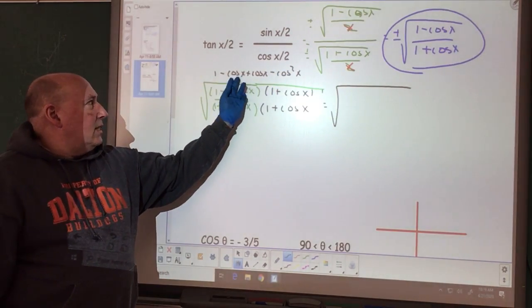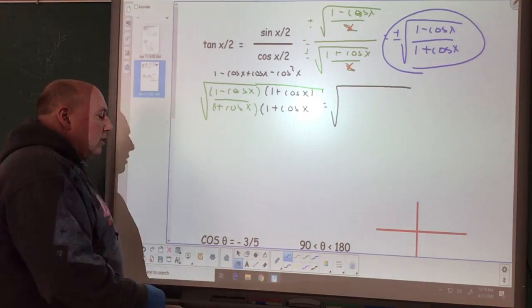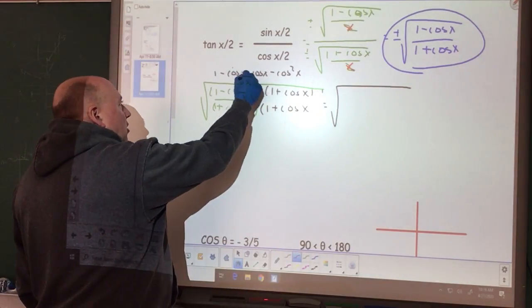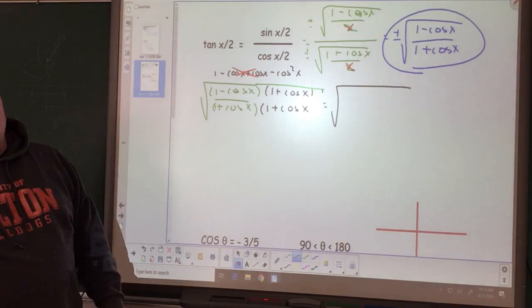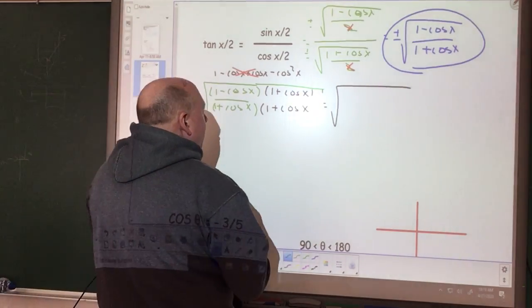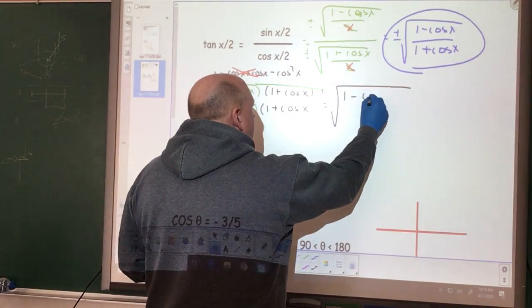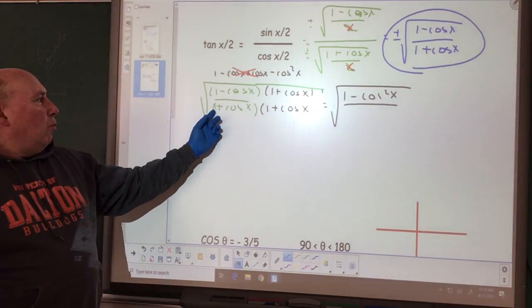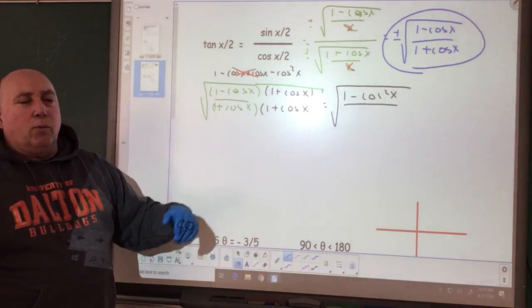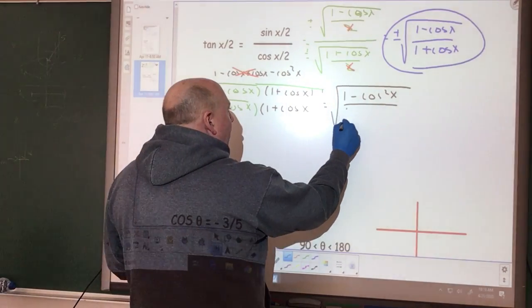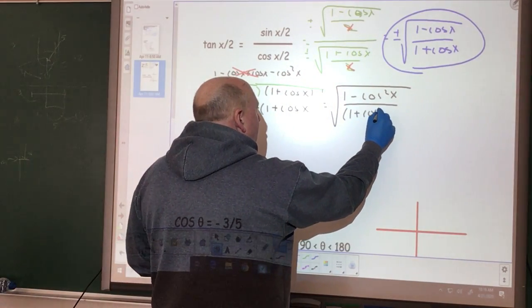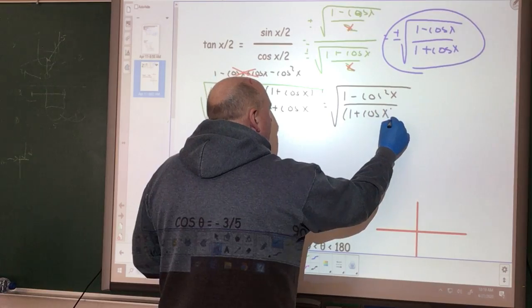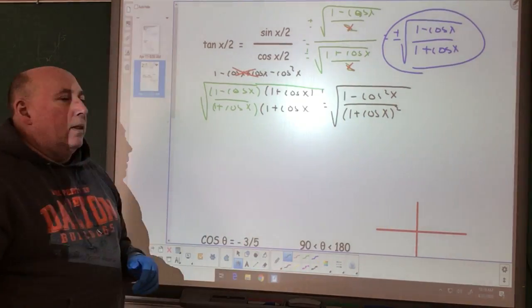So we have a minus cosine x plus cosine x, which these cancel out. So what we're left with is 1 minus cosine squared of x. On the bottom, we're left with 1 plus cosine times 1 plus cosine. So we have 1 plus cosine of x quantity squared.